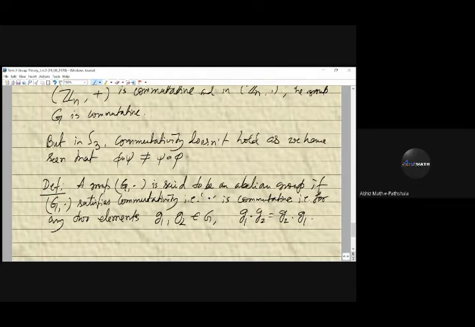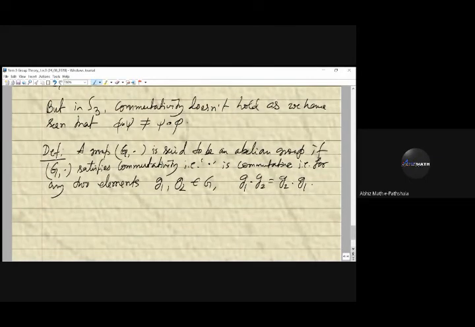And afterward we will see that actually for any n greater or equal to 3, Sn is non-Abelian. We will prove this.